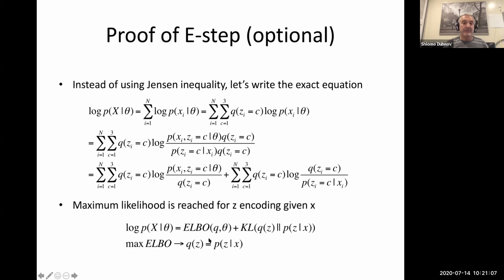So here's a proof. I'll skip it, it's just optional. It shows you again that we add the KL distance explicitly, and this is why we get the maximum ELBO when we take the previous distribution, the posterior, and we assign this as our next model.